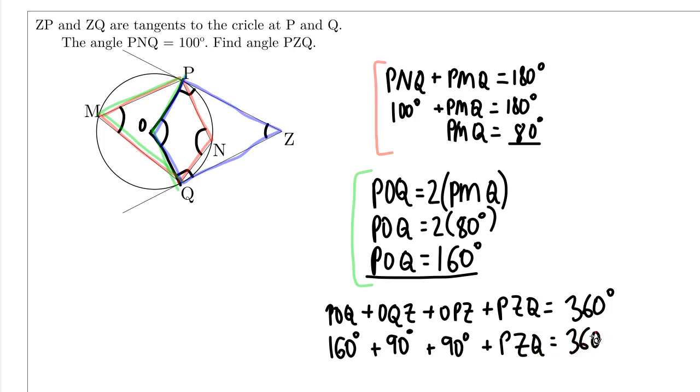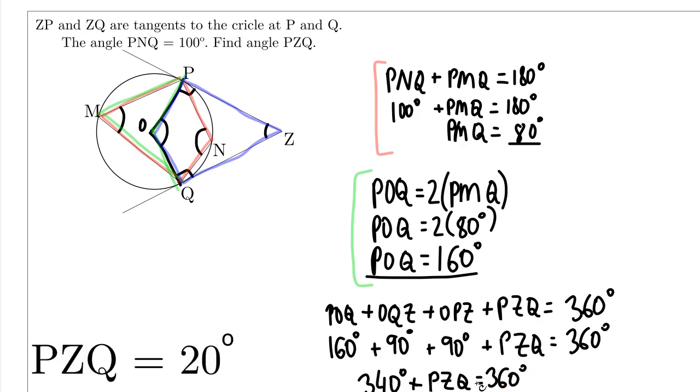They add up to 360 degrees. The sum of 160 plus 90 plus 90 is 340 degrees. So 340 plus PZQ is equal to 360 degrees.